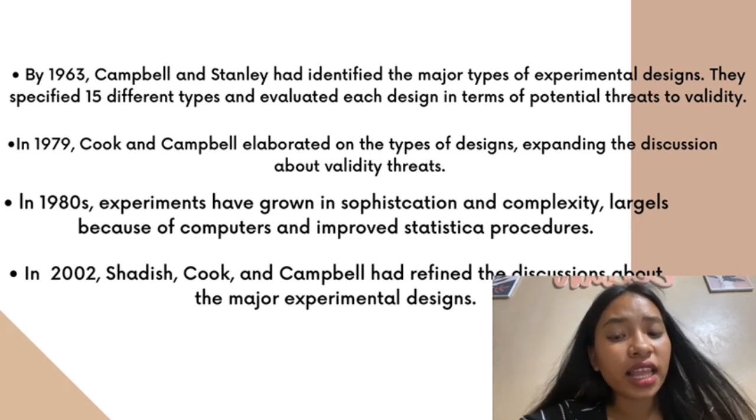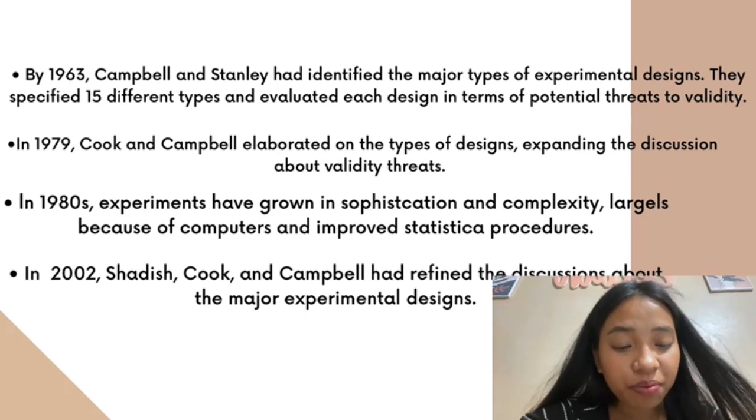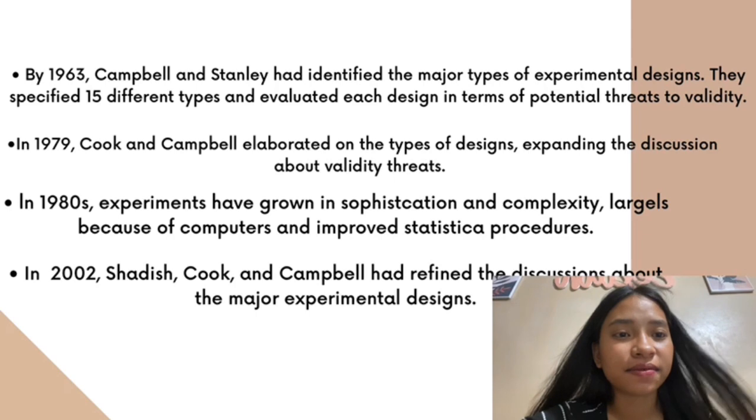In the 1980s, experiments grew in sophistication and complexity, largely because of computers and improved statistical procedures. In 2002, Shadish, Cook, and Campbell defined the discussion about the major experimental designs.